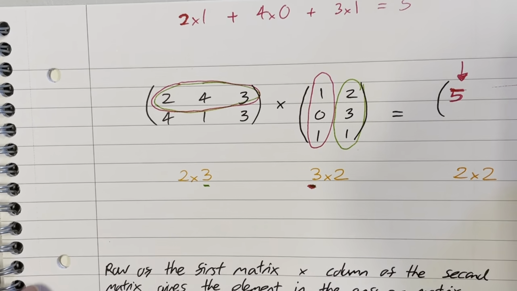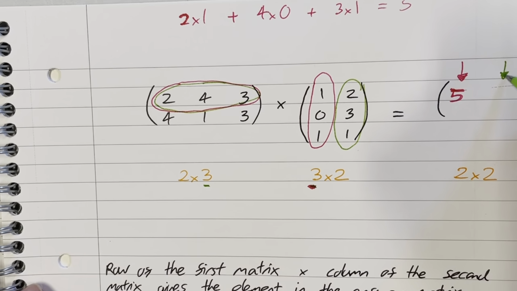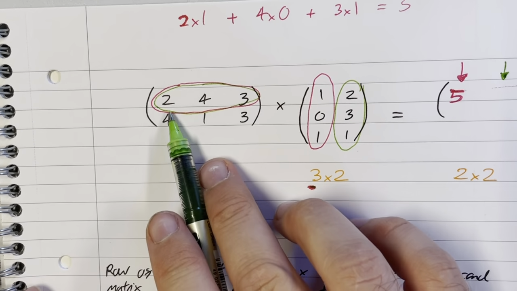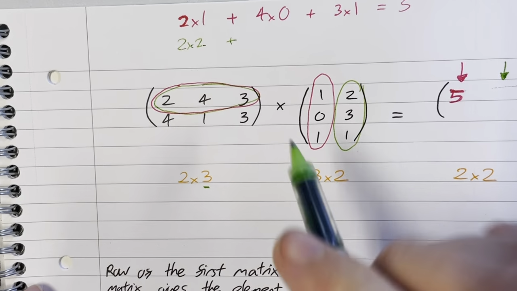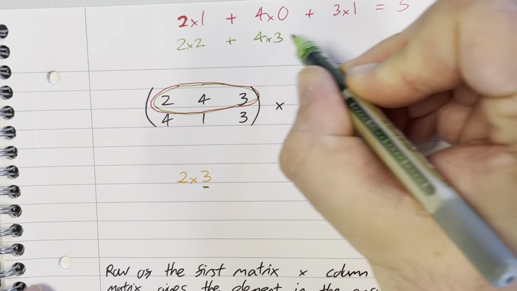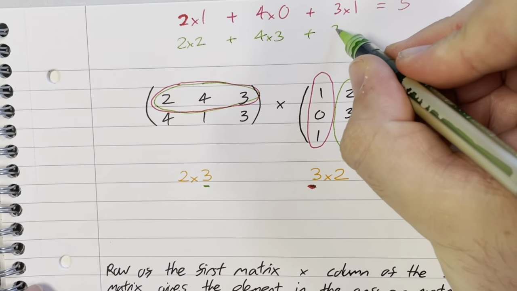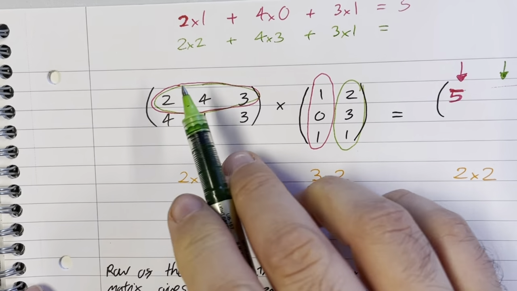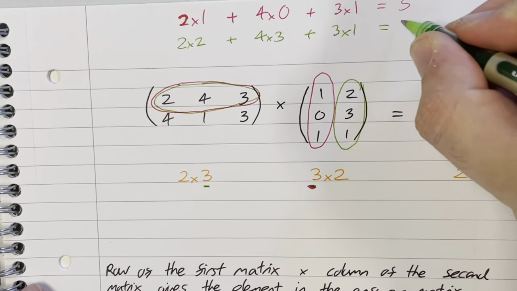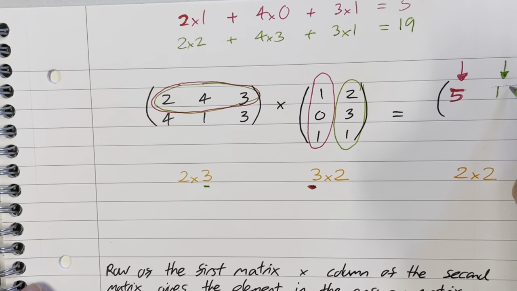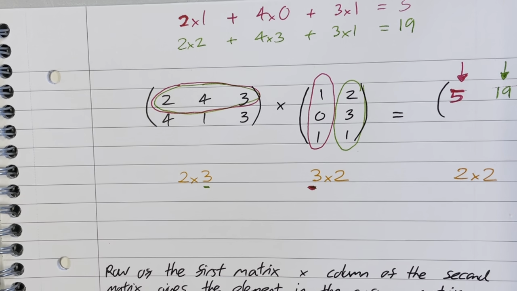This time I'm moving to the right column, so it's going to be this element up here. And to calculate it, it's 2 times 2 plus 4 times 3 plus 3 times 1. And that's going to give you 4 plus 12 is 16 plus 3 is 19. So that element there is 19.